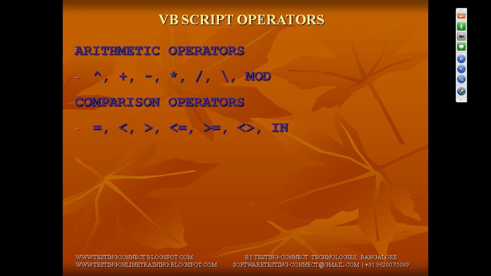That is equal to, less than, greater than, less than or equal to, greater than or equal to. For not equal to, the symbol is a combination of less than and greater than. There is also one more comparison operator. Logical operators: and, or, not, and exclusive or. These are the logical operators you will come across.